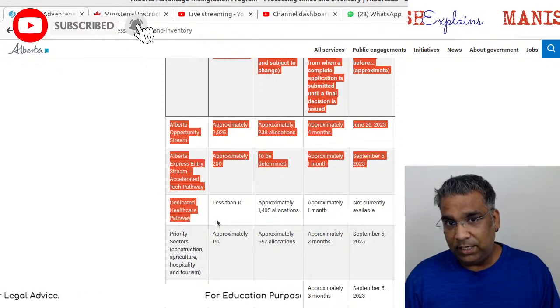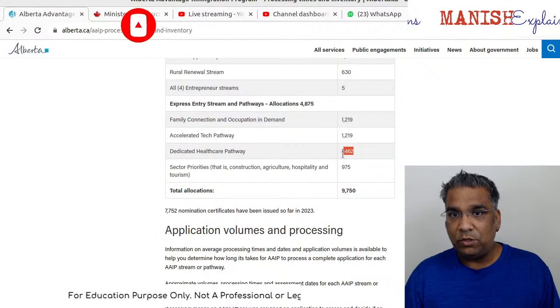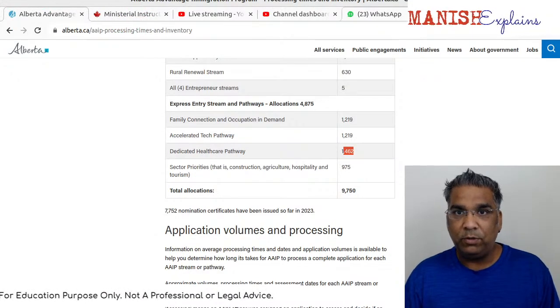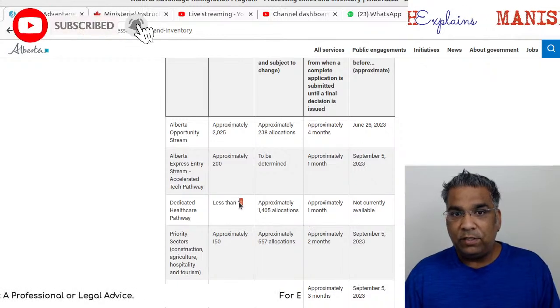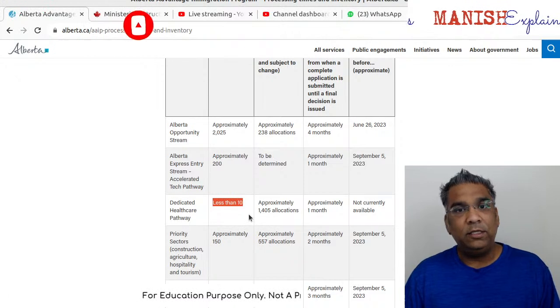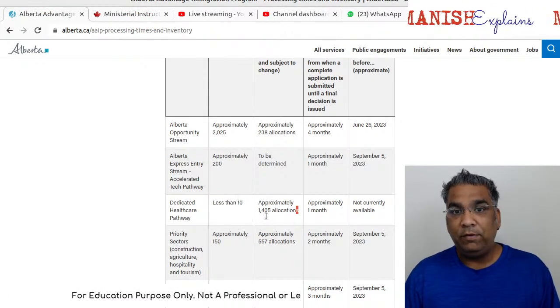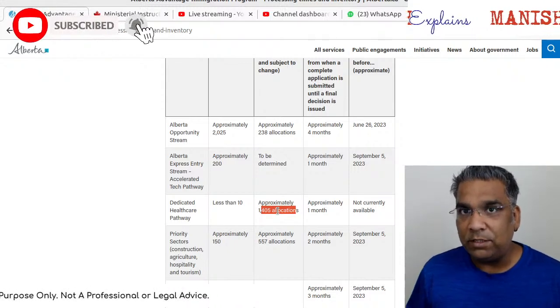See here, dedicated healthcare pathway. Dedicated healthcare pathway had a total allocation of 1462, and out of this, they have only a very small amount in that particular queue, and almost 1405 allocations are remaining, with only 3 months pending.